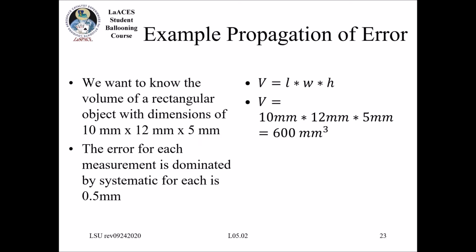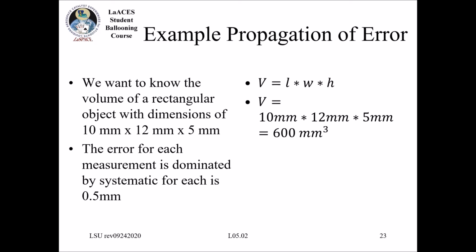So for an example, let's say we have a rectangular box or object, and I want to both calculate the volume of this box and I want to know the error in that calculation. So assume it's 10 by 12 by 5 millimeters. And again, let's take the example of a ruler where we're probably not going to notice any random error, and it's just going to be the systematic.